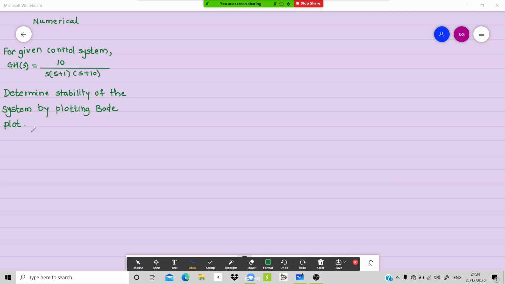Calculate, or determine, phase margin and gain margin.